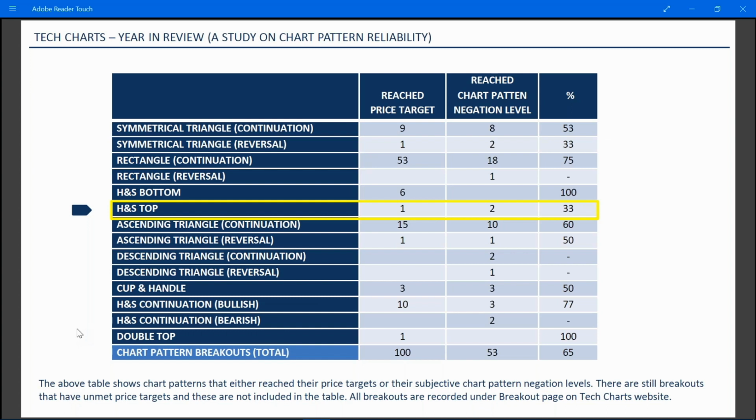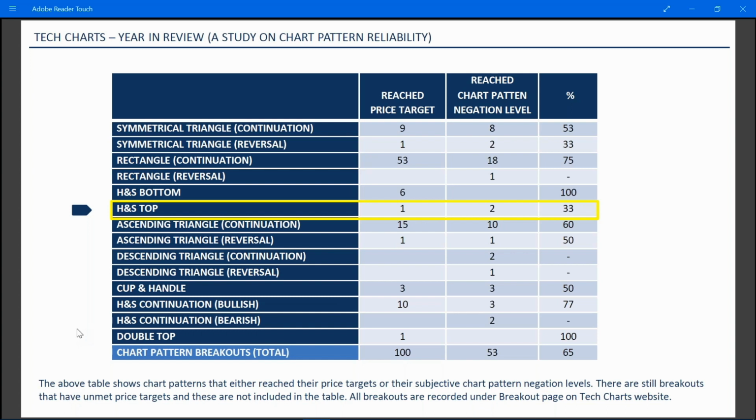These were the breakouts alerted to members, and these were the breakouts that have either reached their chart pattern price target or reached their chart pattern negation level. However, what you should be looking at on this table is the reliability of each chart pattern. What does this mean?